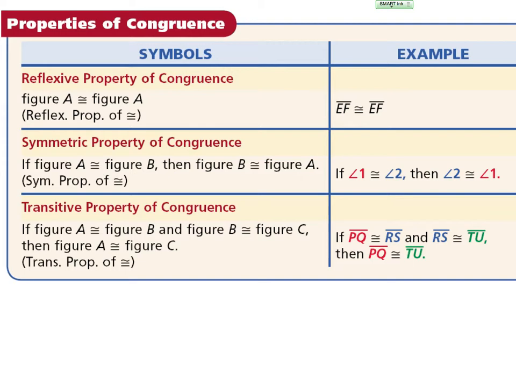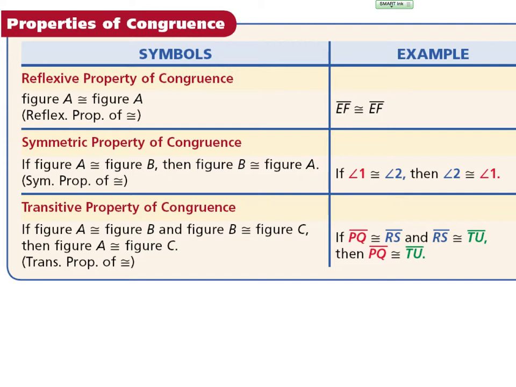Symmetric: if you have two things congruent, you can switch the sides that they're on to make a new statement. The transitive, remember how you have to have the repeated part that hooks it together? What's the repeated idea or fact here? Segment RS. That's your connecting idea.